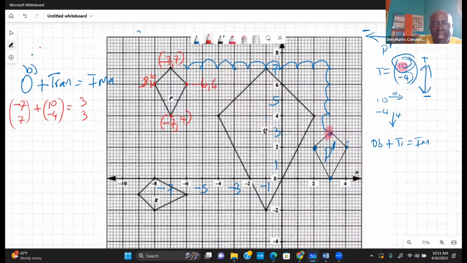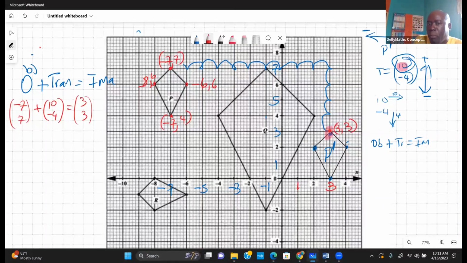So this is suggesting that for this first point, without doing the counting, I could add the translation and I am looking for the result at 3, 3. Look, 1, 3, 3. You understand what I said? You could do it that way too.